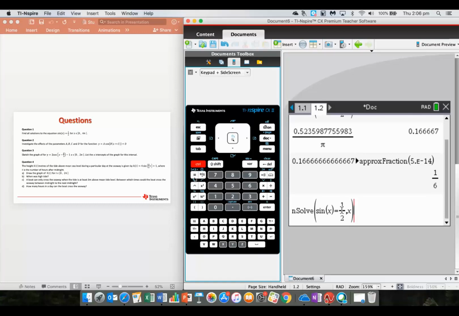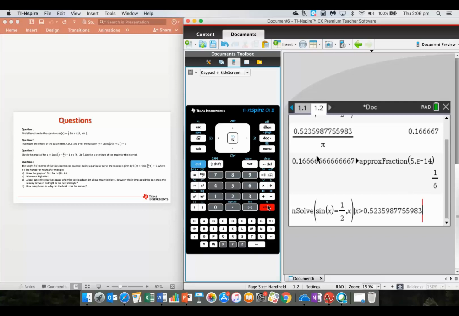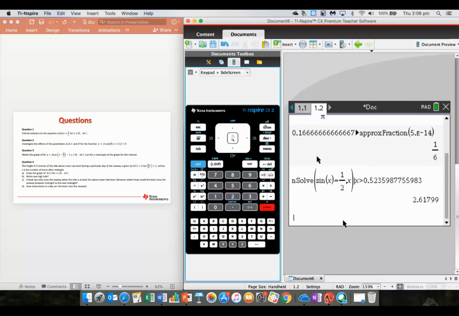Control equals and choose such that, and I want x in this case to be bigger than my first answer. So x, such that x is bigger than, up arrow to my first answer and enter again. So this should correspond to my second value on the graph.